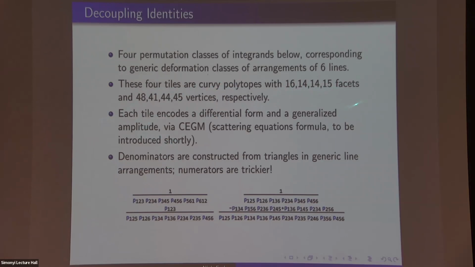Moreover, each of these tiles comes equipped with a differential form, like a Parke-Taylor factor. And via the CGM formula, which I'll introduce shortly, it's a direct generalization of CHY to X(k,n) from M0n.